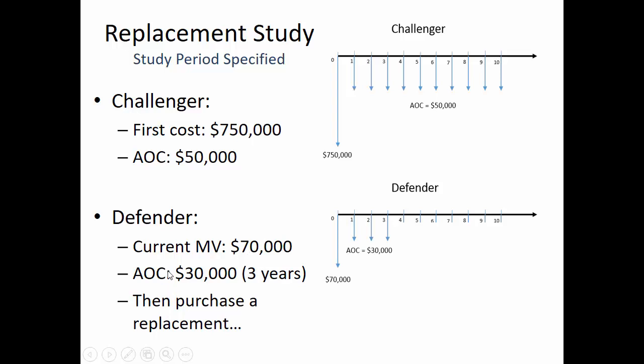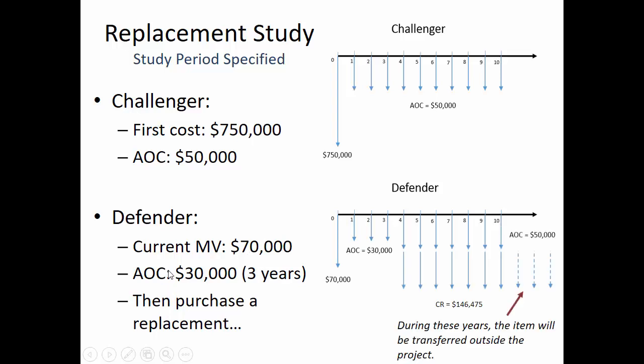Rather than using contract services, our plan is to buy the Challenger, and we're going to have the capital recovery during these years of operation of $146,475. That happens to be the capital recovery of the Challenger over a 10-year horizon.